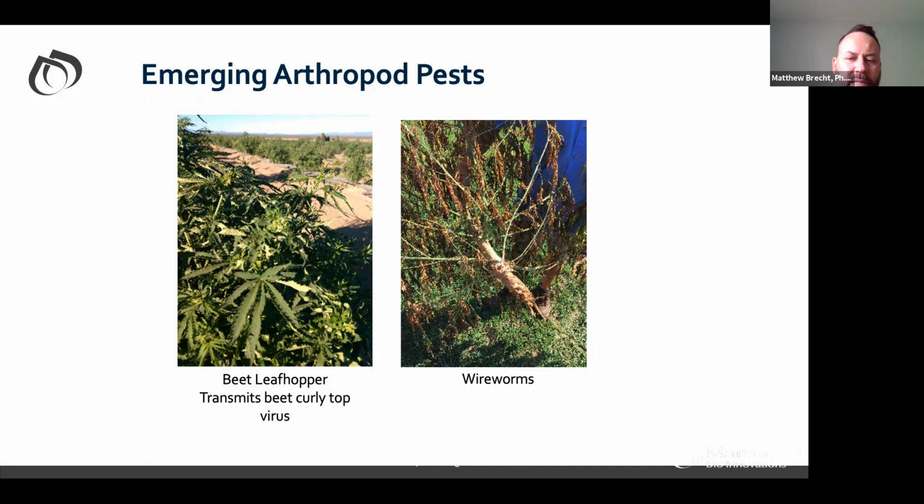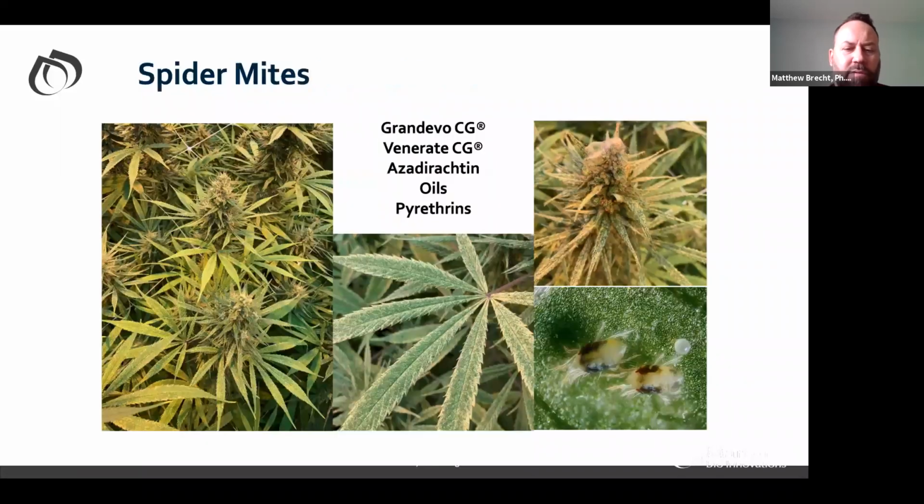That is not typically something we see on the West Coast, but something we could probably see on the East Coast more. Nick, have you seen any of this in California, or is this more of an East Coast thing? I haven't personally. I know we get some wireworm out here, but it's not a major pest. Yeah, I think it's more of a pest out east. So just keep an eye out for those pests.